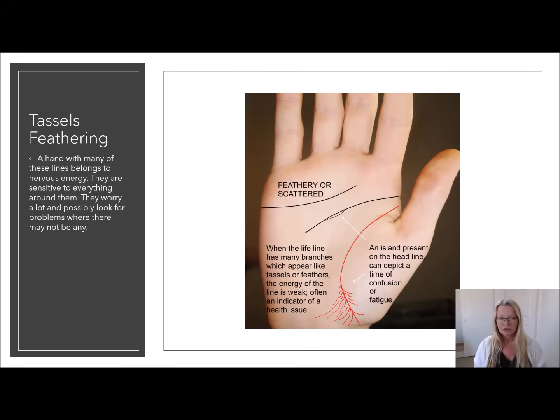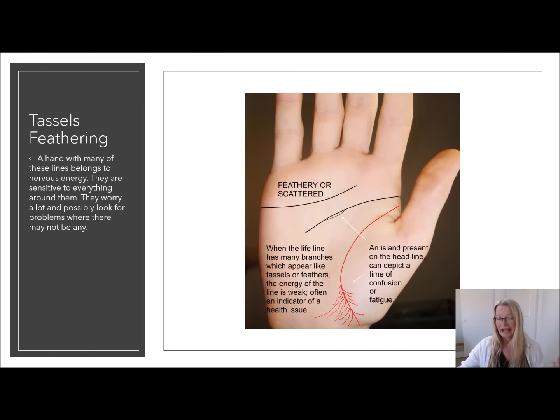So I'm here just talking about these fine lines at the end of the lifeline that look like feathery tassels, and that means that the energy of the lifeline has weakened. Instead of that continuous, one-direction line, there's all this energy leaving the line.